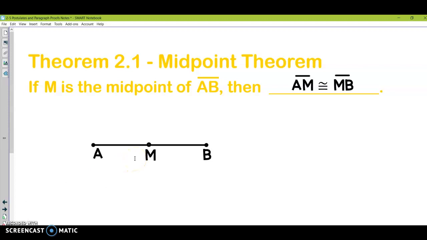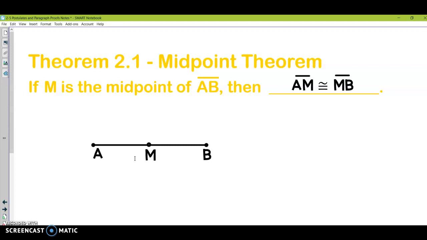Another look at what we did in the first chapter, we had the midpoint formula where we looked at coordinates in the coordinate plane and found the midpoint between 2 points. Well, this is a little bit more of a geometric approach to that same concept. This is called the midpoint theorem.